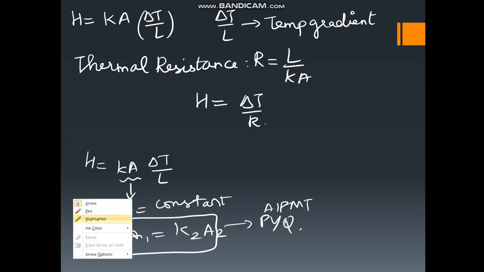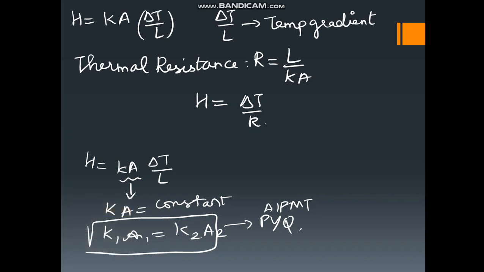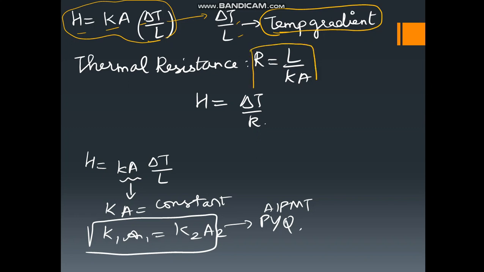Now let us see the applications of this formula, H = KA delta T / L. Here delta T / L is the temperature divided by distance, which is the temperature gradient. Next, thermal resistance R is given by the formula R = L/KA.